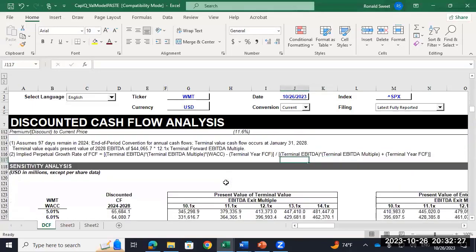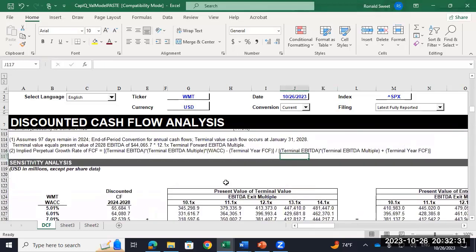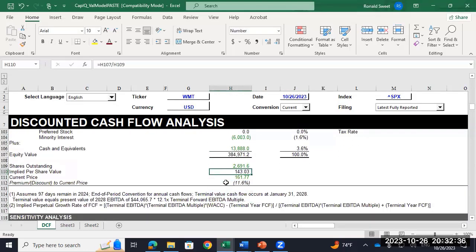When I do that, what valuation do I get? I get 143. So it went from being well valued to being undervalued. So you can see it took me 5 seconds to do it. So you can run multiple models, get your football chart.